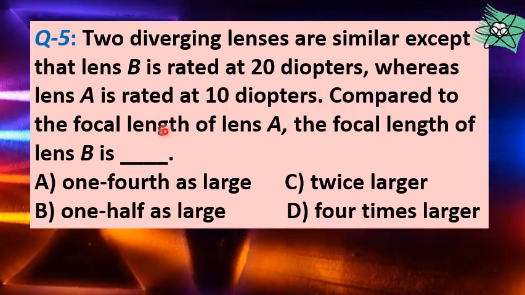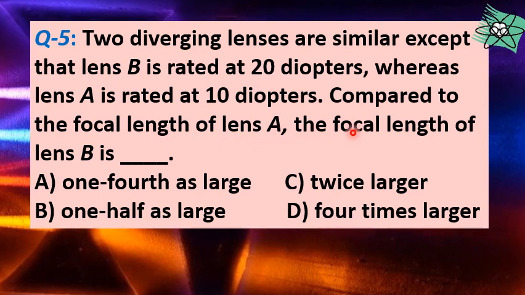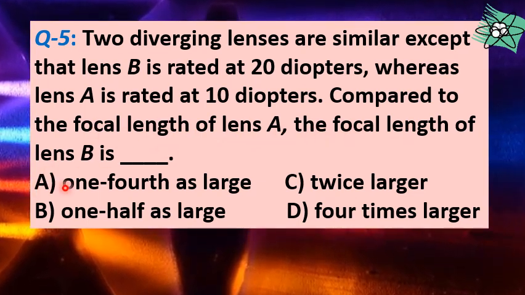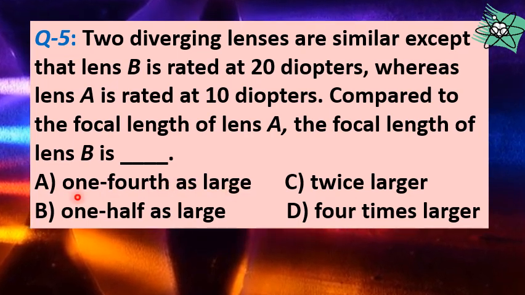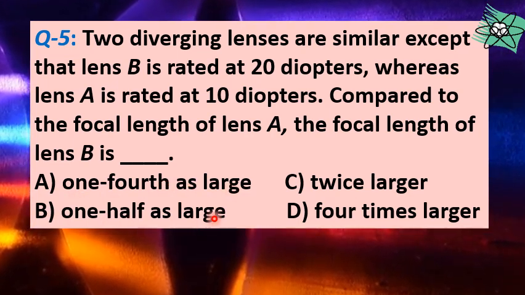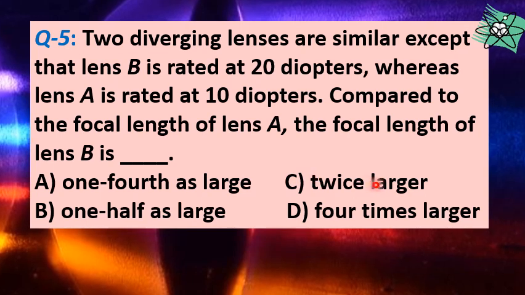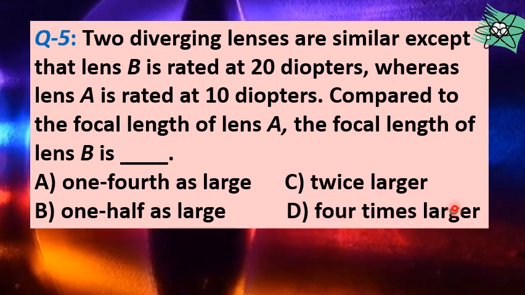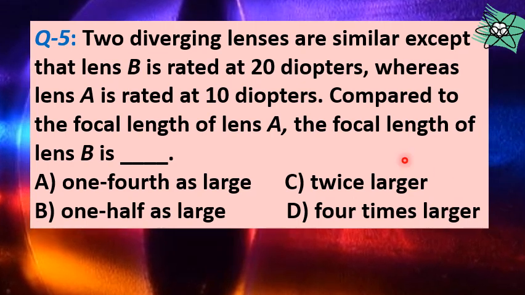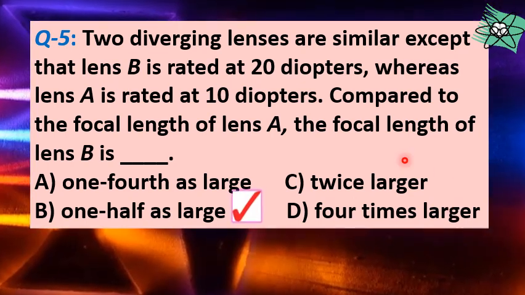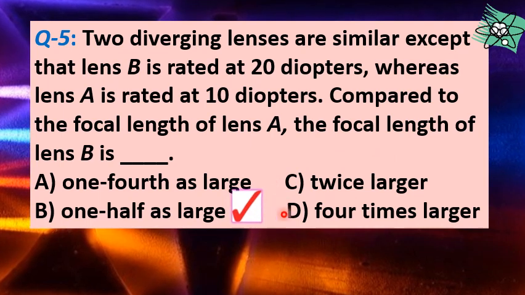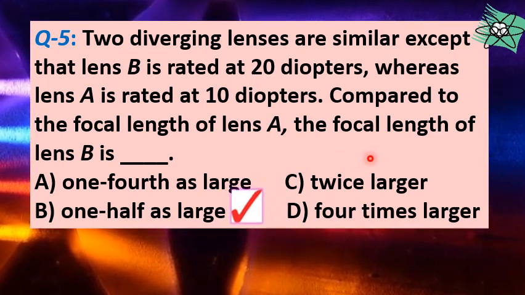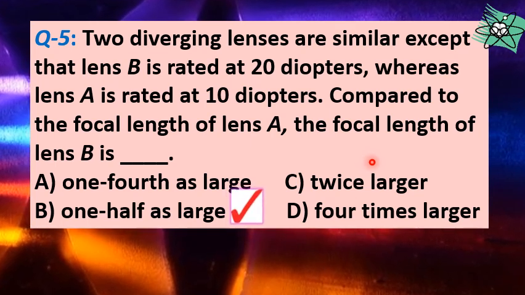Compared to the focal length of lens A, the focal length of lens B is: option A, 1/4 as large; option B, 1/2 as large; option C, twice as large; and option D, 4 times as large. The correct answer is option B, 1/2 as large. Our explanation is just in a short while.